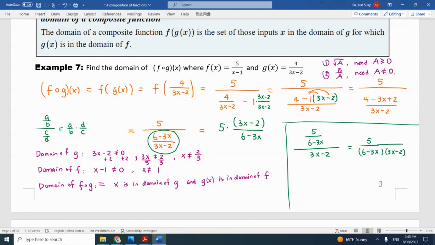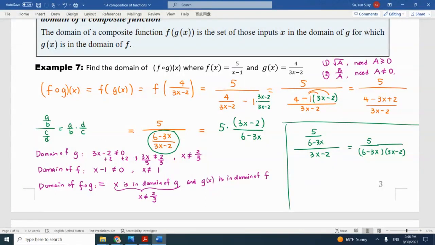Is that okay, everybody? So x in the domain of g. This means the domain of g is right here. So this sentence means x cannot be 2/3.